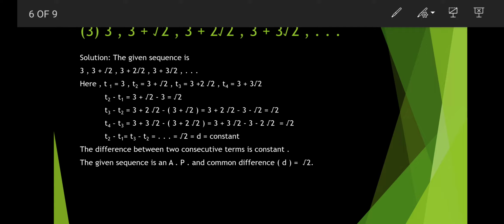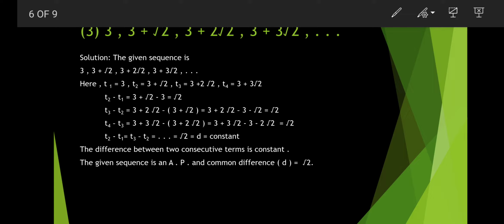Similarly, we'll find T3 minus T2. So we'll get 3 plus 2 root 2 minus, inside the bracket, 3 plus root 2. If we'll open the bracket, sign will change. Plus will become minus. As both the numbers are positive, both will become negative. So plus 3 will become minus 3 and plus root 2 will become minus root 2.